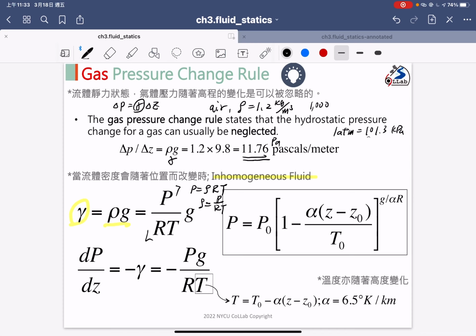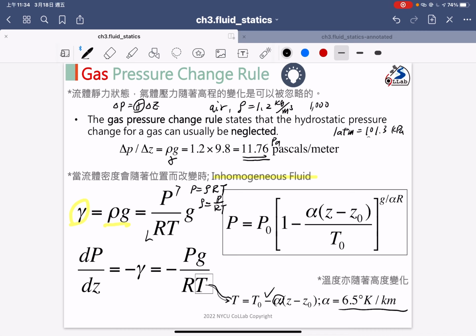And we know that the temperature is a function of elevation: as the elevation increases, the temperature decreases. So there is a minus sign here, and alpha is the temperature gradient. A 1 kilometer increase gives a minus 6.5 degree change.